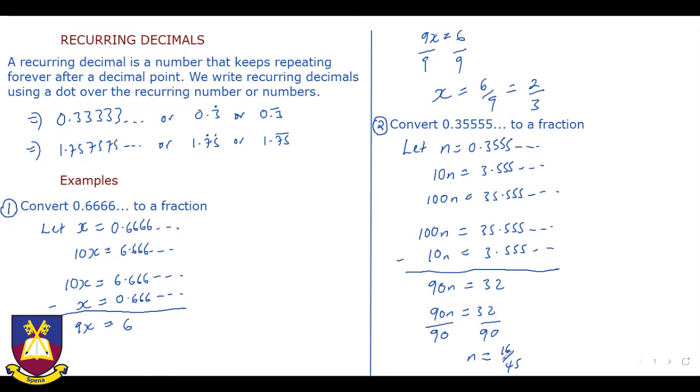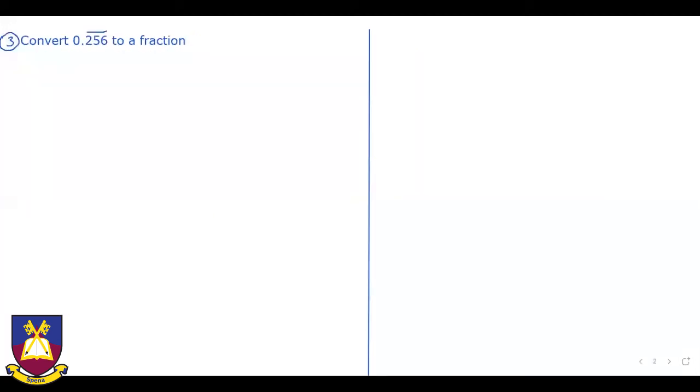You can always check your answer with the calculator to see if it takes you back to the original decimal. Let's look at the third example. Convert 0.256 to a fraction. This bar above tells us that all these three numbers are recurring.